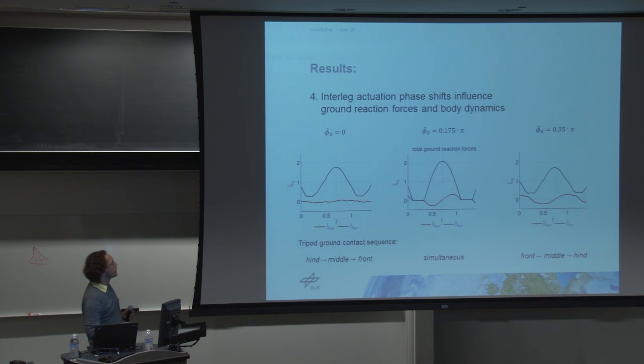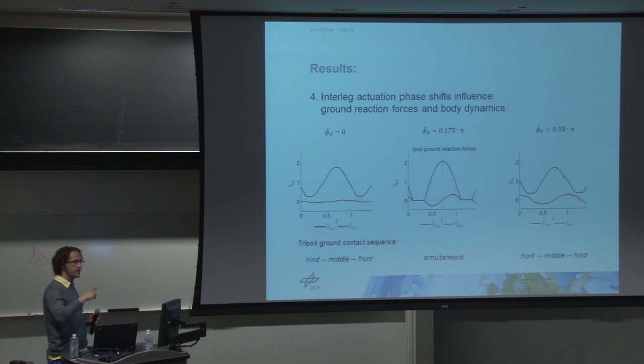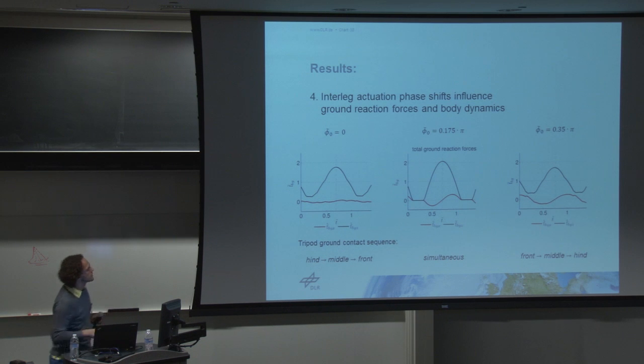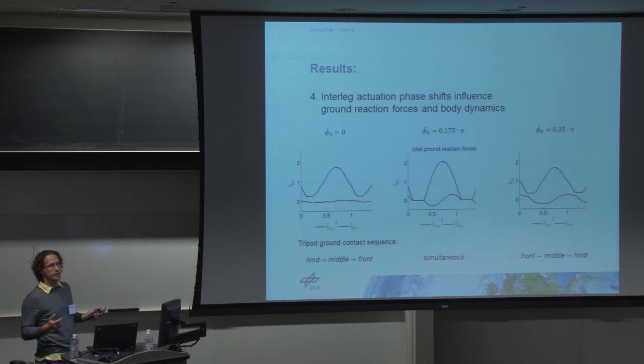and then by the front leg. If we now introduce a phase shift within a tripod between middle and hind leg and middle and front leg, we can see that the model behavior changes, and we can achieve at a certain amount of phase shift a simultaneous leg touchdown. And in the total ground reaction forces in the middle, you see it looks pretty much like the well-known SLIP behavior, the spring-loaded inverted pendulum.